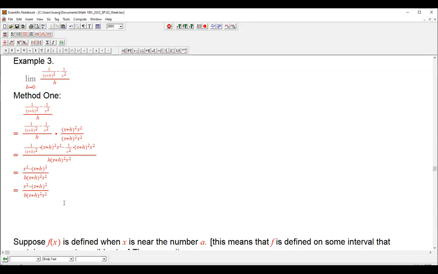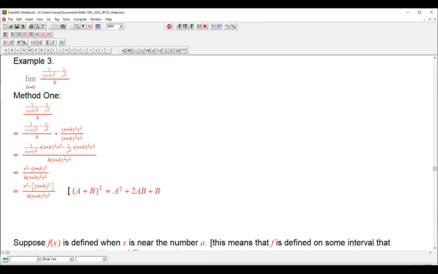Next, we're going to FOIL (x plus h) squared. I'm going to put a bracket just in case, so I don't make any mistakes. So thinking of applying (a plus b) squared equals a squared plus 2ab plus b squared. Be warned.